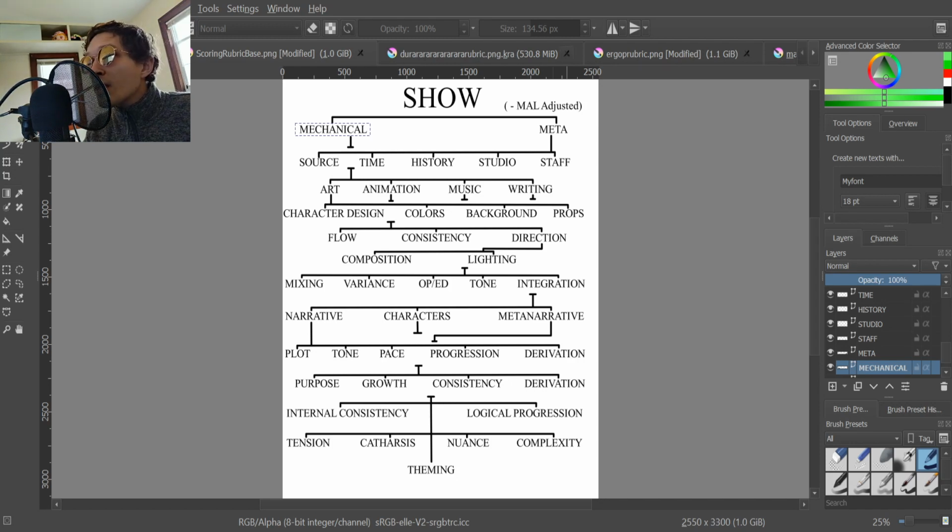But the nice thing about this rubric is that, let's say you're somebody, you don't give a shit about the meta elements. You don't follow studios. You don't follow the history of anime. You don't really care if it's an anime original or an adaptation, right? You zero out all of these things, and your final score, which goes up here, is just your mechanical score. This rubric is designed to account for what you think is important.